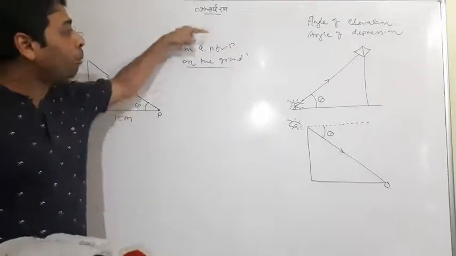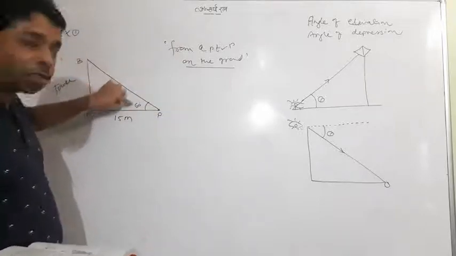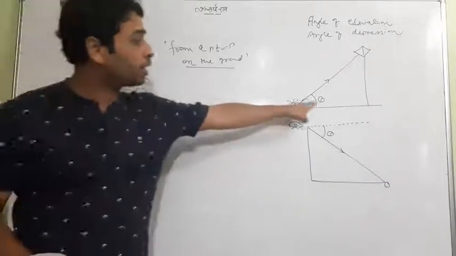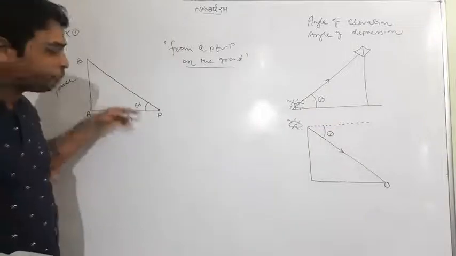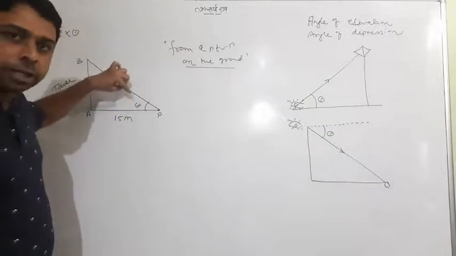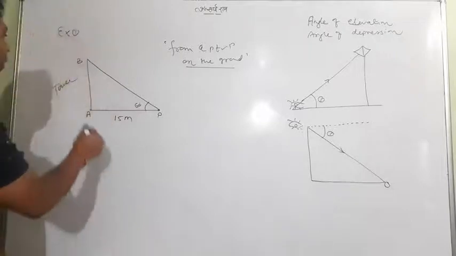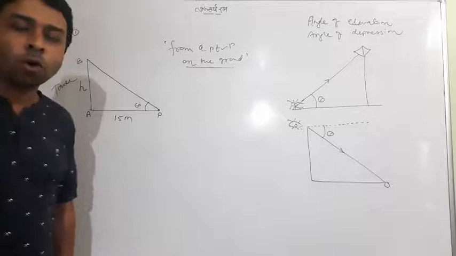So from a point P on the ground, the angle to the top of the tower is 60, which is the elevation angle, specially stated here. The elevation angle always comes at the downside, at the ground. This is the ground, and this is the angle of elevation. Now what to find? Find the height of the tower, which I call H.